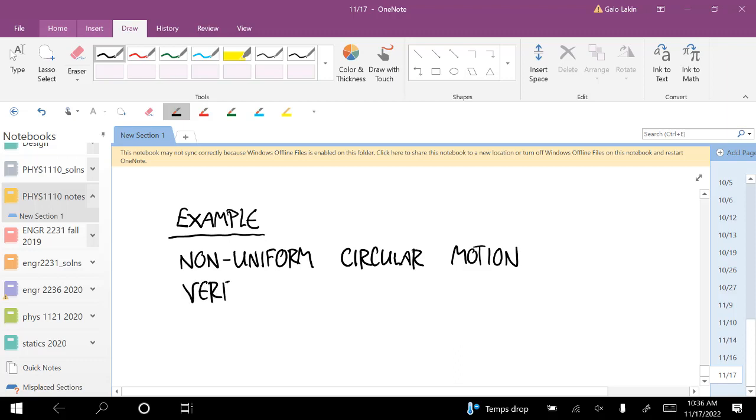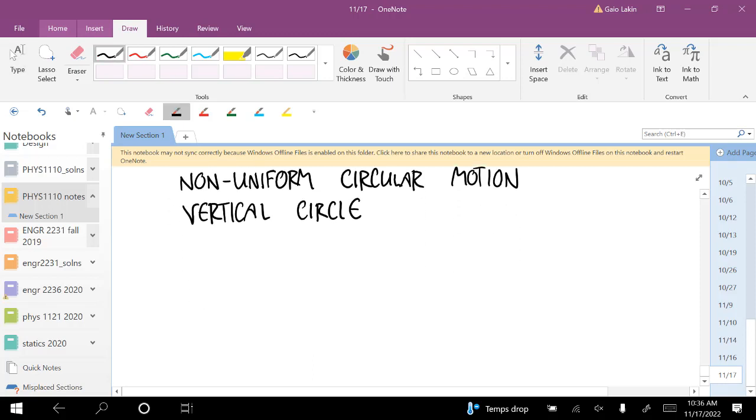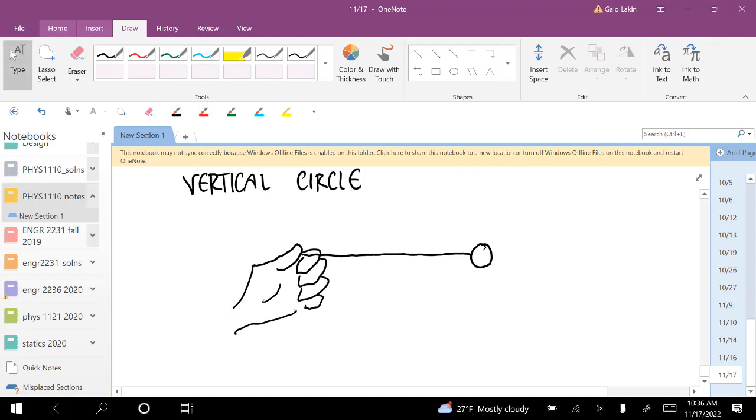This is a vertical circle, like a couple of the problems from the lab this week. So you have a mass swinging around on a string.